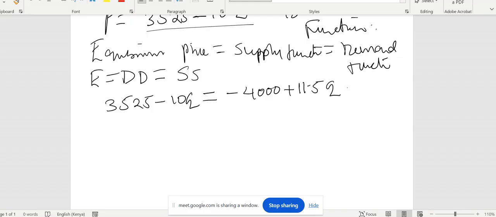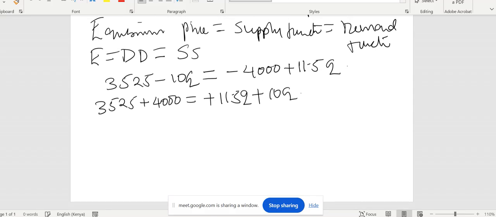So then we'll come here. We can bring this one to the other side. We add. So 25 plus 4,000 is equal to positive 11.5Q. Then Q. So when you add, this is 75, 25? 25 is equal to 21.5Q.